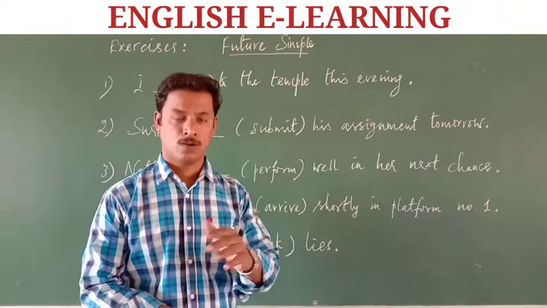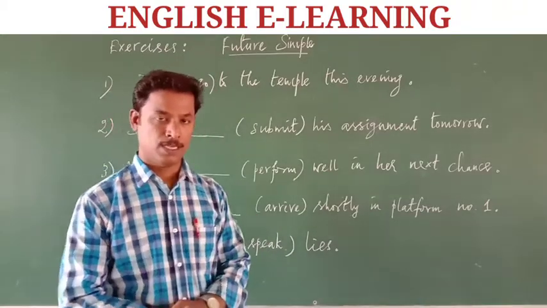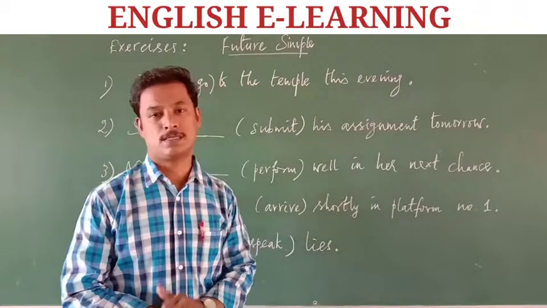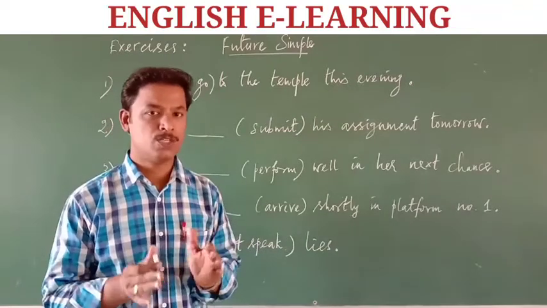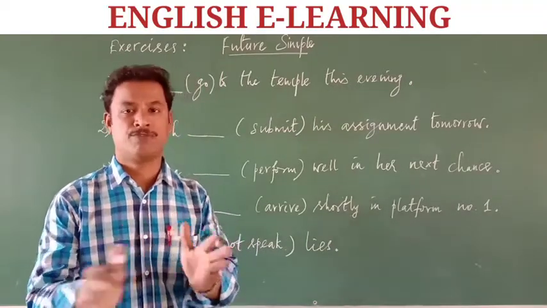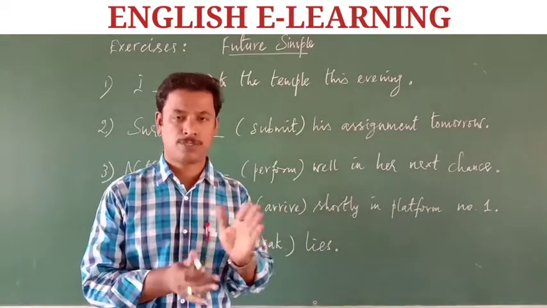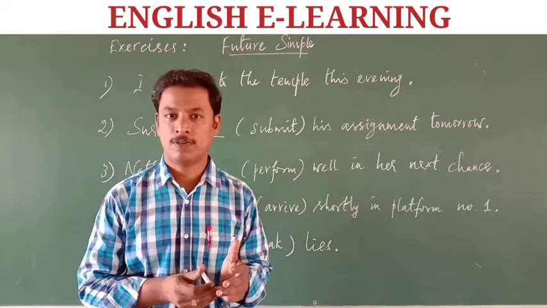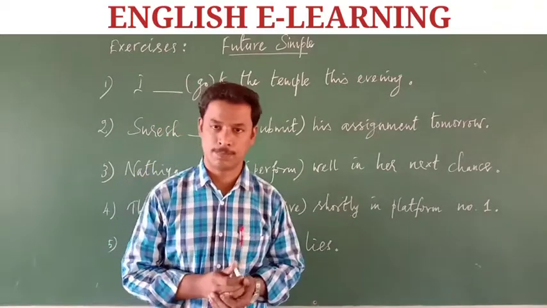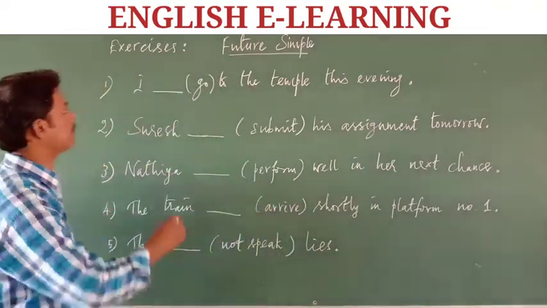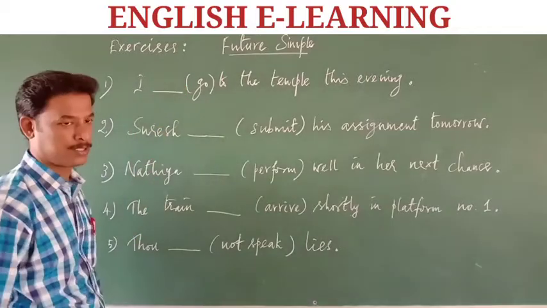Right. Okay students, now let us do some exercises in future simple. Where should we use this future simple? We have seen the keywords for future simple and the pattern for future simple. Right, look at the board. The exercises for future simple.